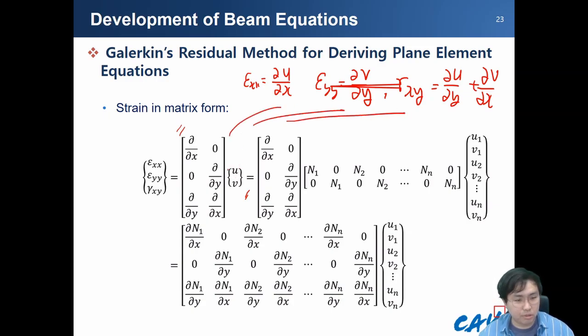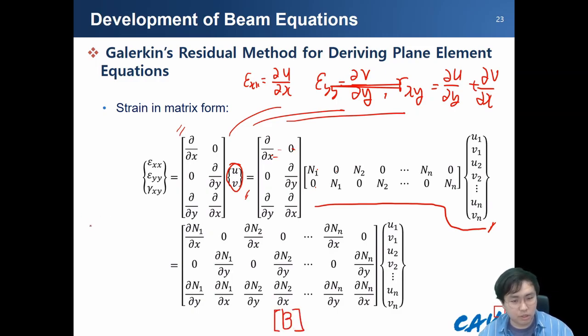But in the previous slide, we changed the u and v displacement values to the discretized form, and then you can multiply this equation, which looks like this, and then we obtain this kind of relationship. What is this? This is the B matrix.